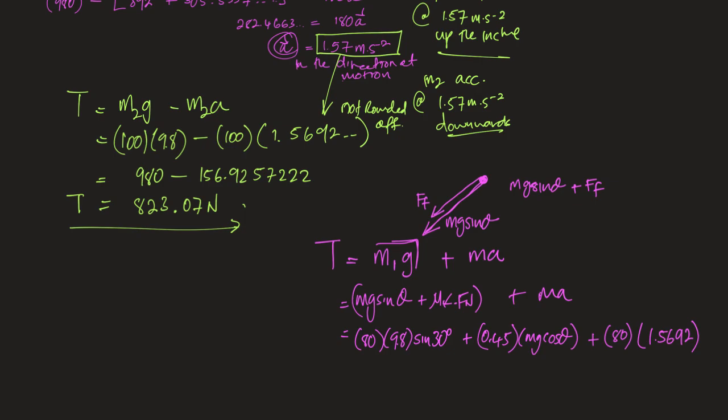Right. So that's now going to give me 80 times 9.8 sine 30, which is 392, plus mg cos theta, which is 305.5337.